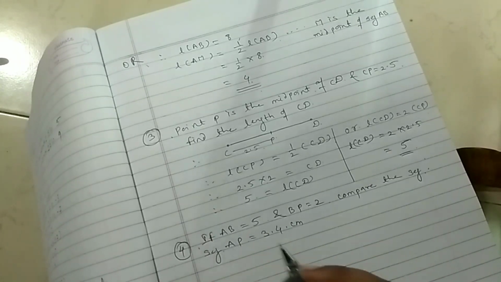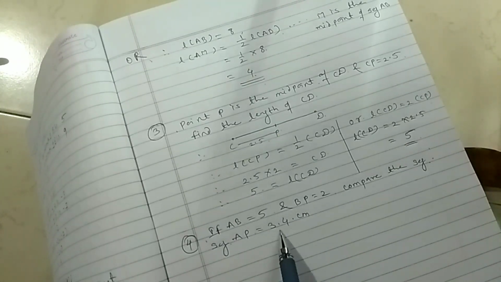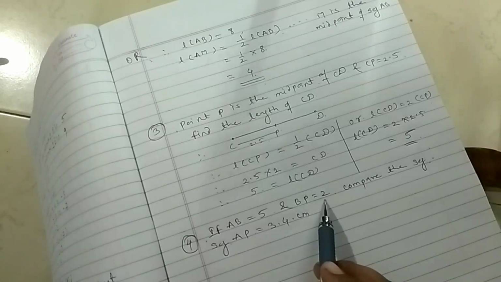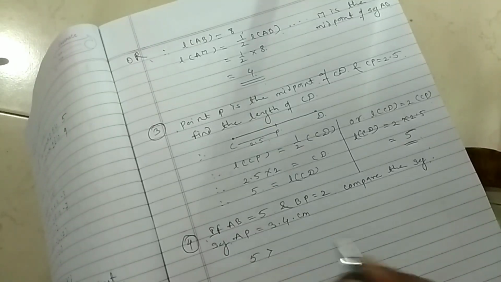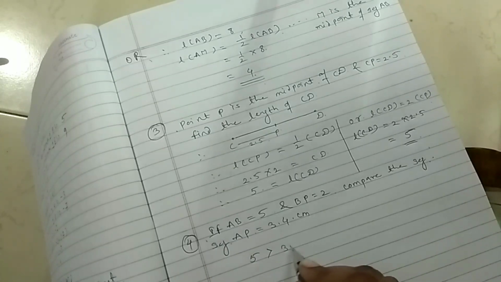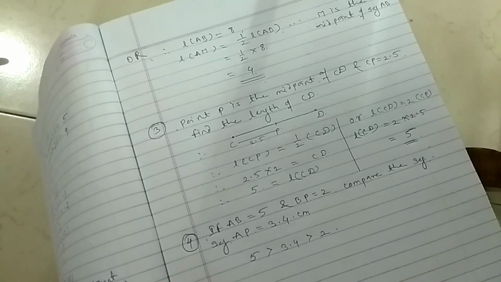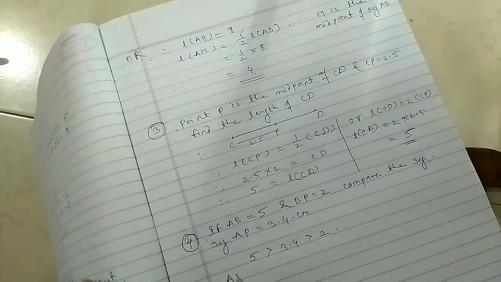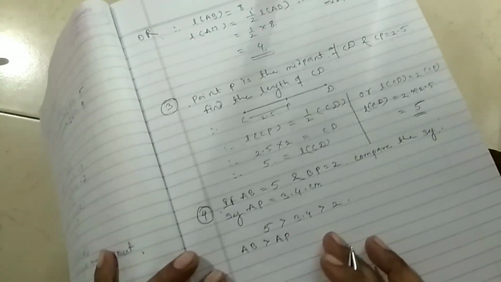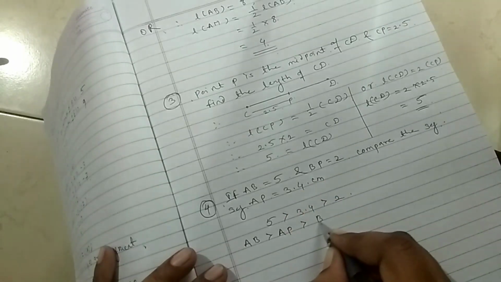So 5 is larger than 3.4 and 3.4 is larger than 2, right? So AB is greater than AP and AP is greater than BP.